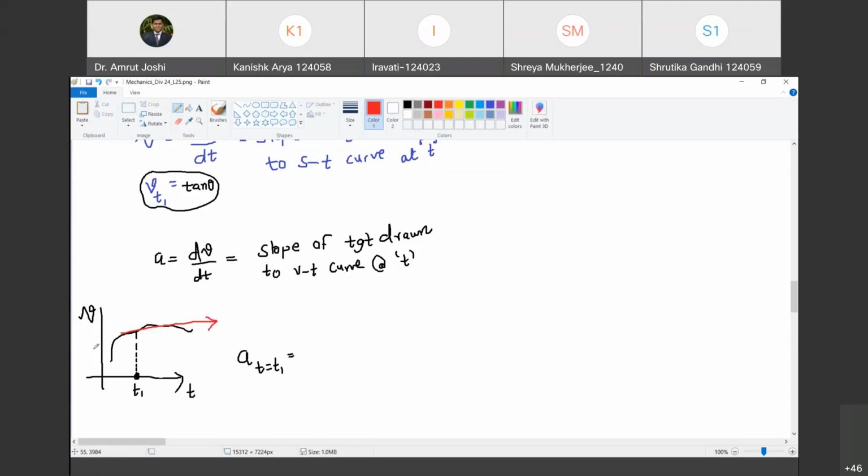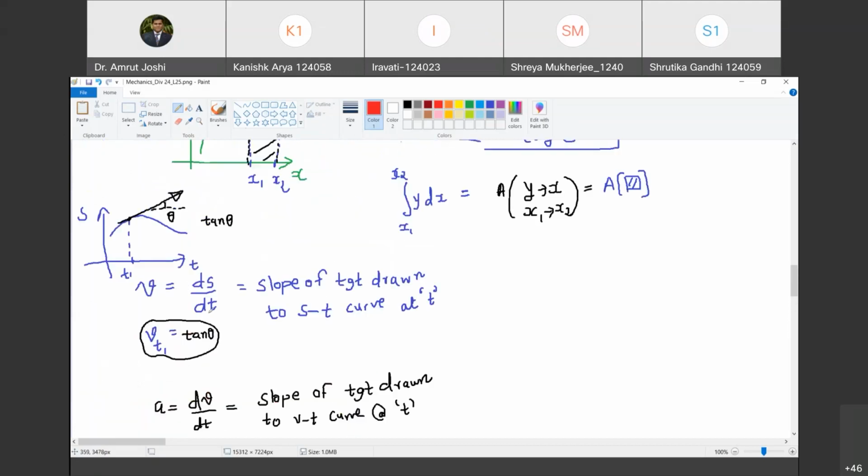Are you with me? Yes, sir. For this v-t diagram, whatever angle it makes with the t axis, tan of that is going to be this. Do you agree with me? Yes, sir. Okay. So I got what is dv by dt graphically, and that is acceleration.